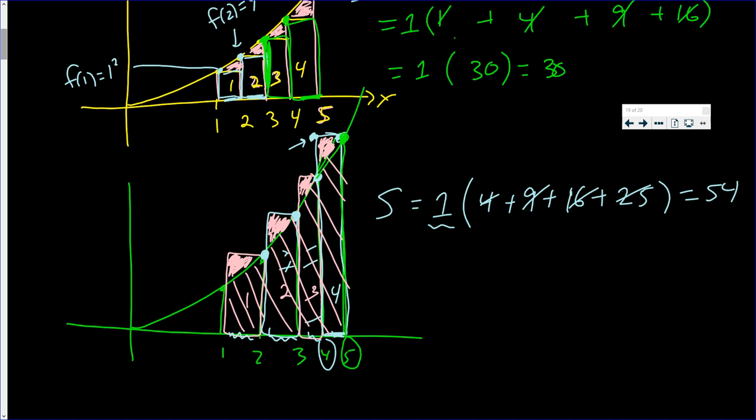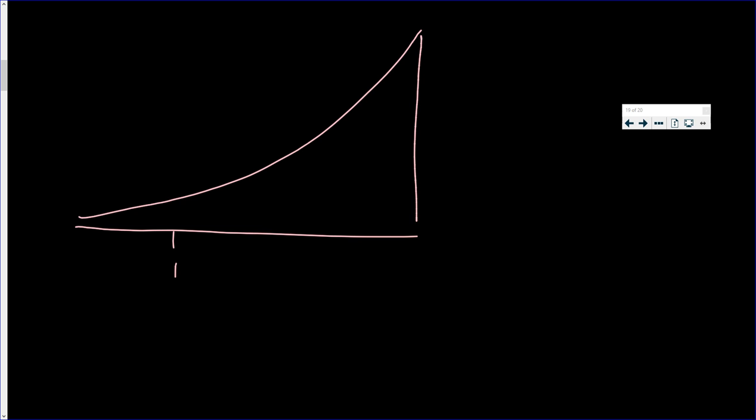Now, what would happen if we put in more rectangles? Of course, between 1 and 5. 1, 2, 3, 4, and 5.